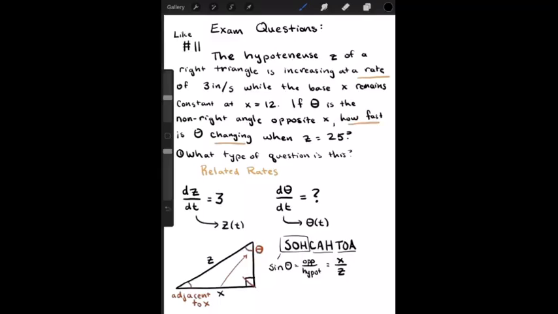So now we have the two things that we know, one rate and we want to find the other, in one relationship, right? Because remember, an equation is a relationship, at least as far as the related part of related rates matters. Right? So what do we need to do now? We actually have a couple options here.